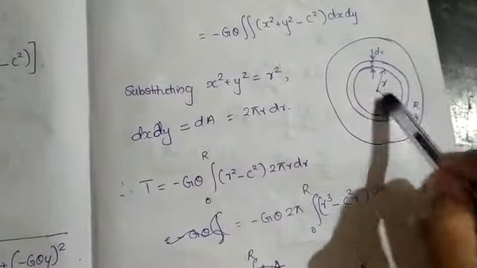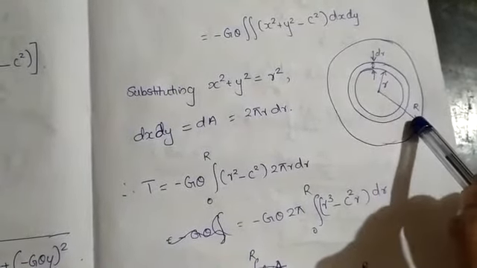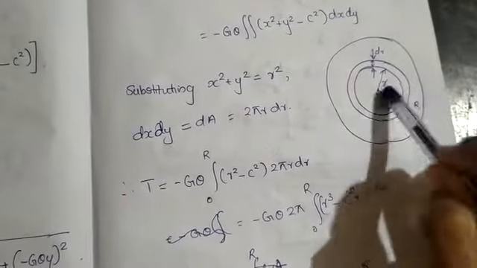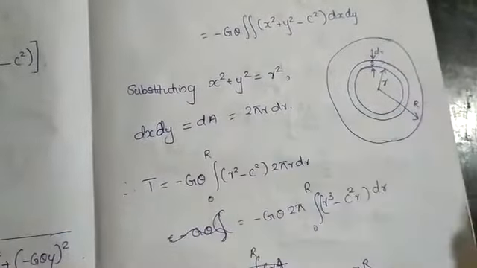Capital R is the bigger radius, that is, the total radius of the circle.